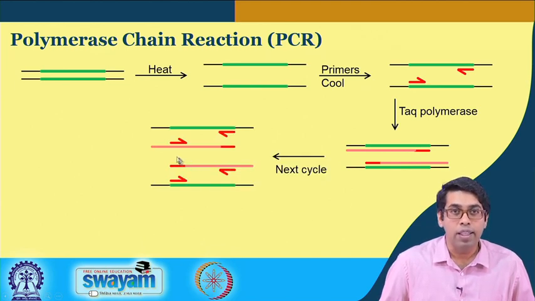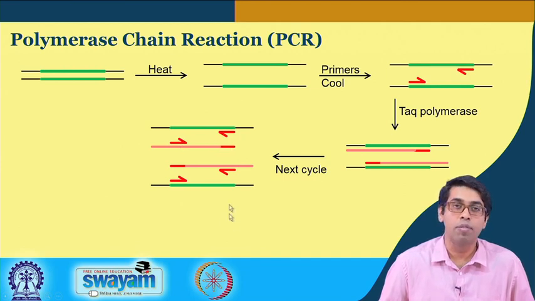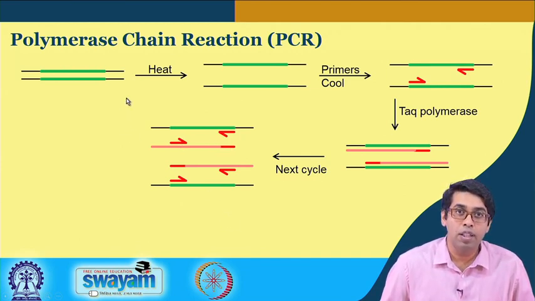Now, in this cycle the primers will again stick here, and if you see this particular DNA, this primer will extend it from here to here, and again this primer will extend it from here to here. So, in this cycle what you are going to get is the right length of your gene. PCR does two things simultaneously.